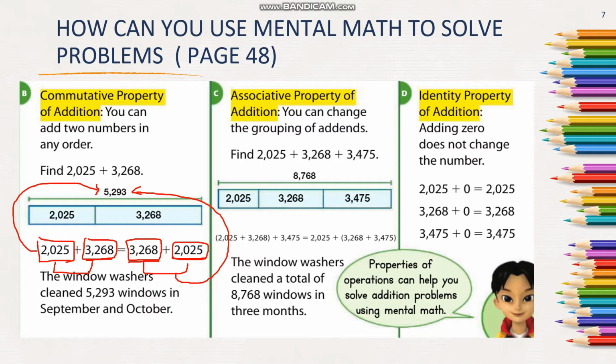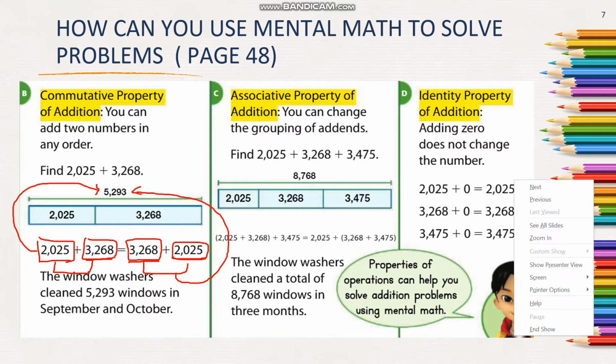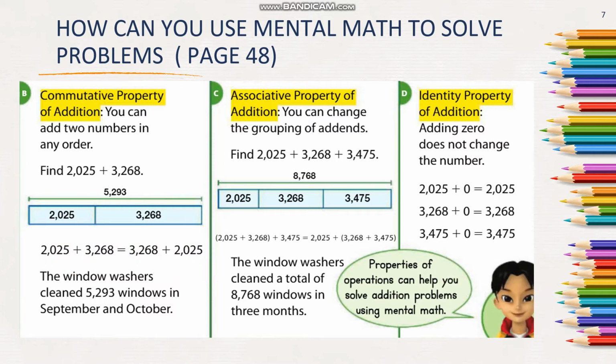The second is the associative property of addition. You can change the grouping of addends. Changing the grouping of the addends does not affect the sum. The given are 2,025, 3,268 plus 3,475. If I group 2,025 and 3,268 first, I add these two before I add 3,475.